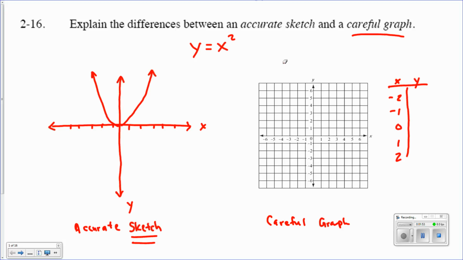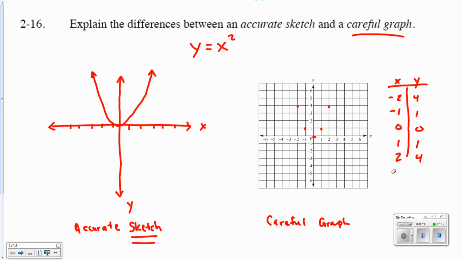And then when I plug those in, I should get 4, 1, 0, 1, and 4. So I'm going to go in here and literally plot them exactly where they go. So 0, 0. I've got 1, 1. I've got 2, 4. Go back over here to -1, 1, and then -2, 4.